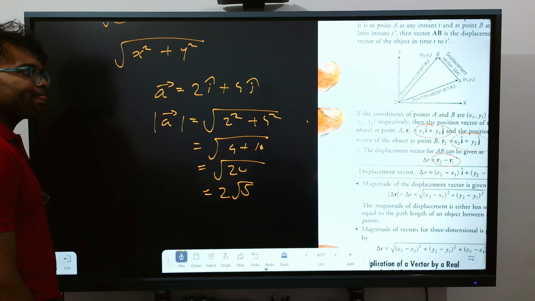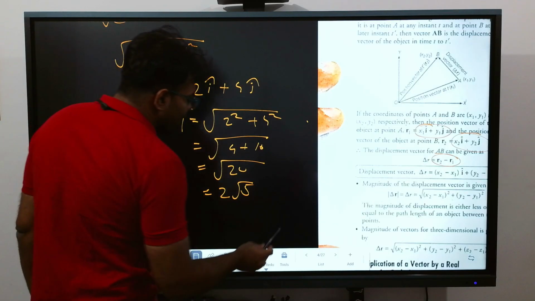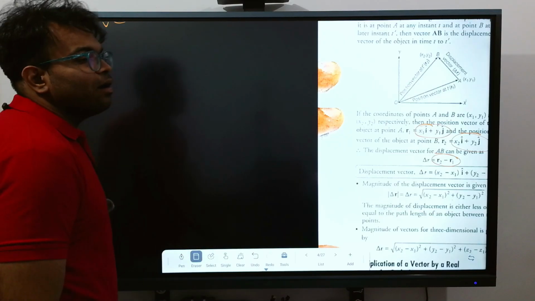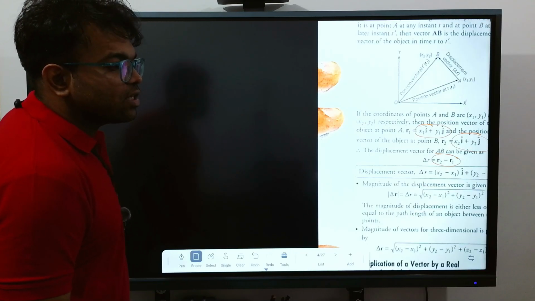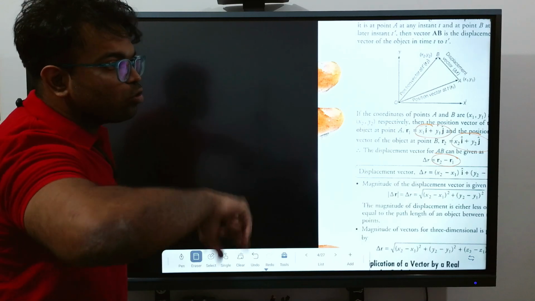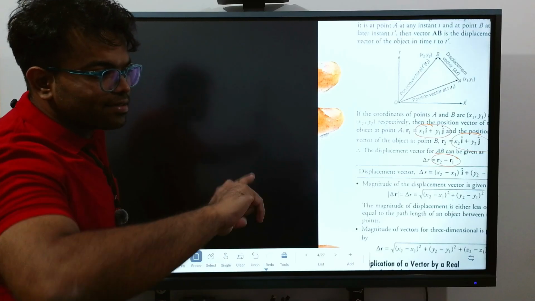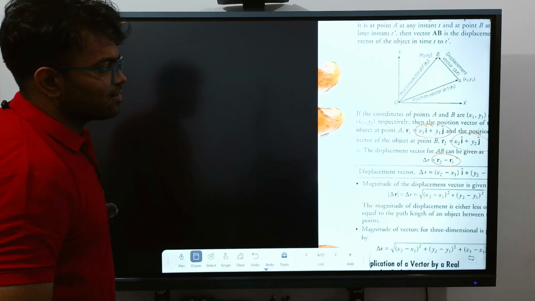Okay, that's it. If you have i and j values in your vector, then the magnitude is simply the root of the sum of the squares.